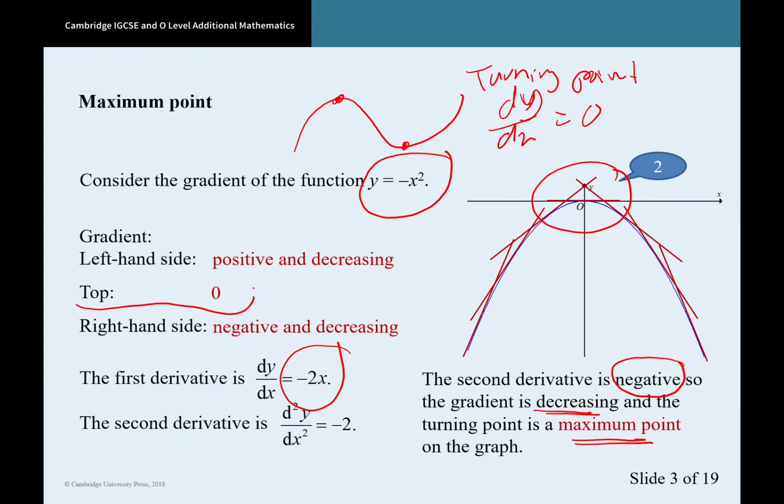So this one at the top is the turning point. At the turning point dy/dx equals 0. Please remember that if you get the second derivative negative, that means the turning point is maximum. Okay, next.